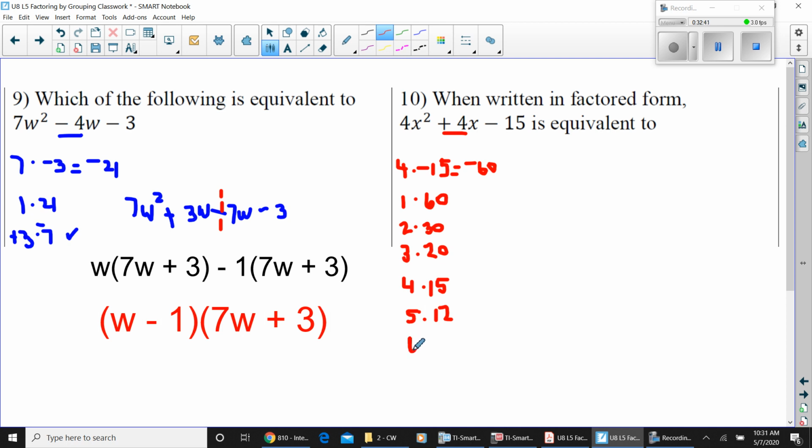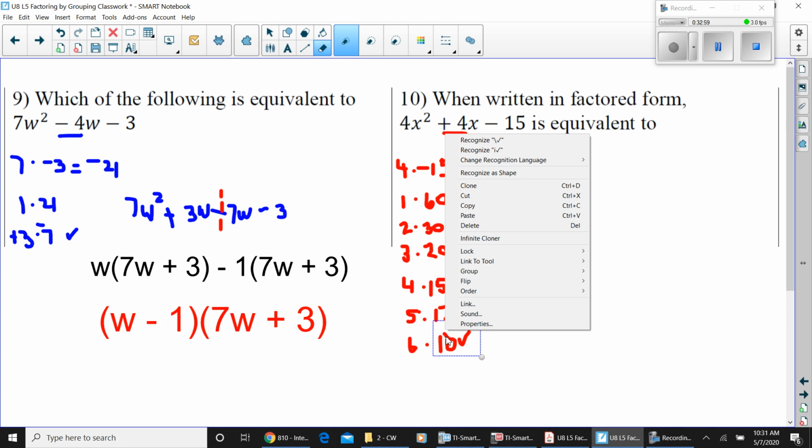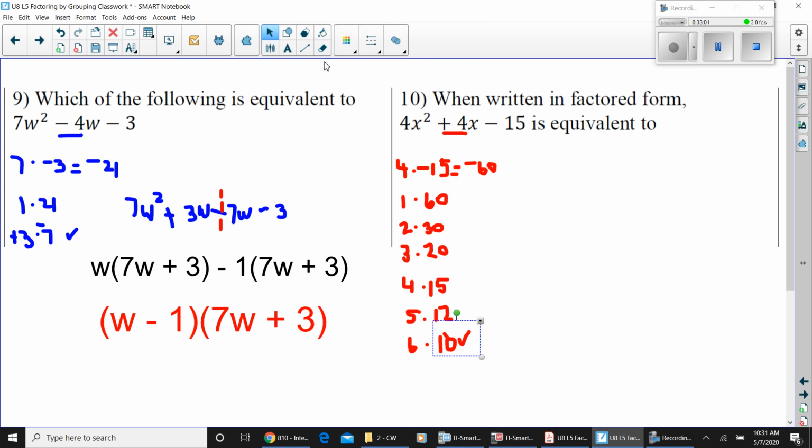Then I know that 60 is 6 times 10. I could make 4. See, you make that list and you will get to the factors that work out. Those factors right there, 6 and 10, work out, and you can go ahead and actually use them because those are your factors.